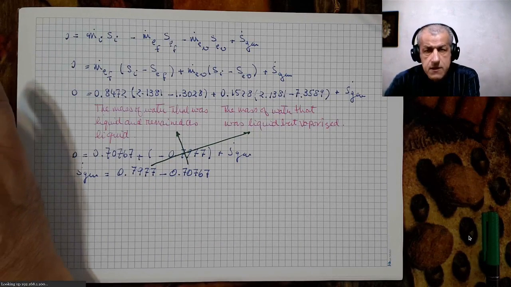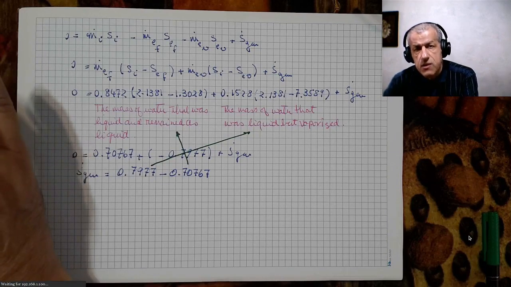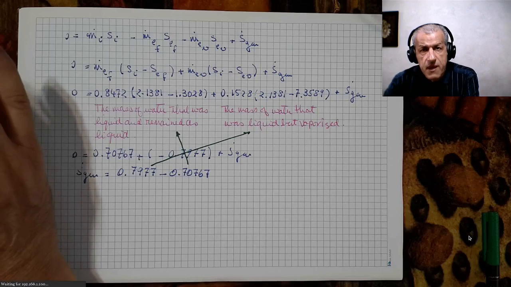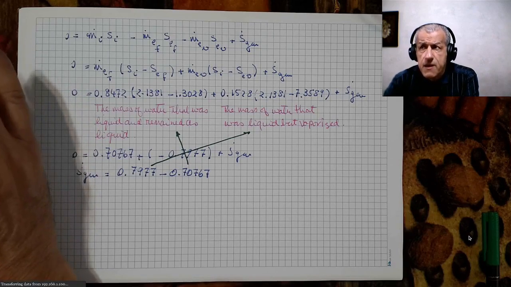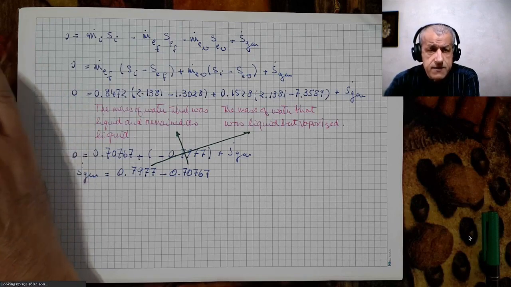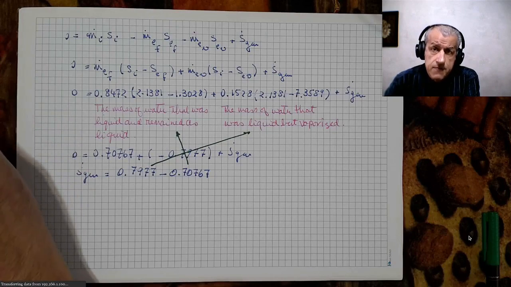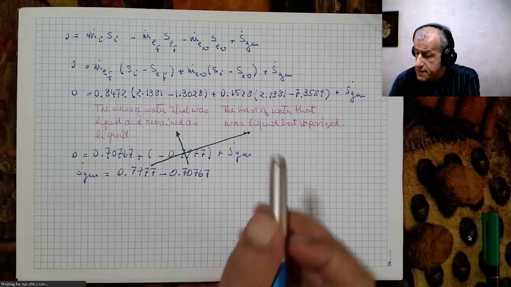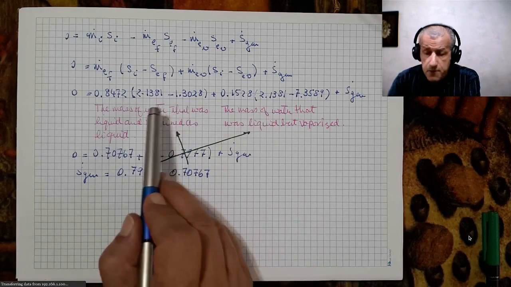Although this energy doesn't come from outside the throttling valve, since the throttling valve is adiabatic, nevertheless it has to come from inside the valve, and so the vapor has collected this energy from the liquid.